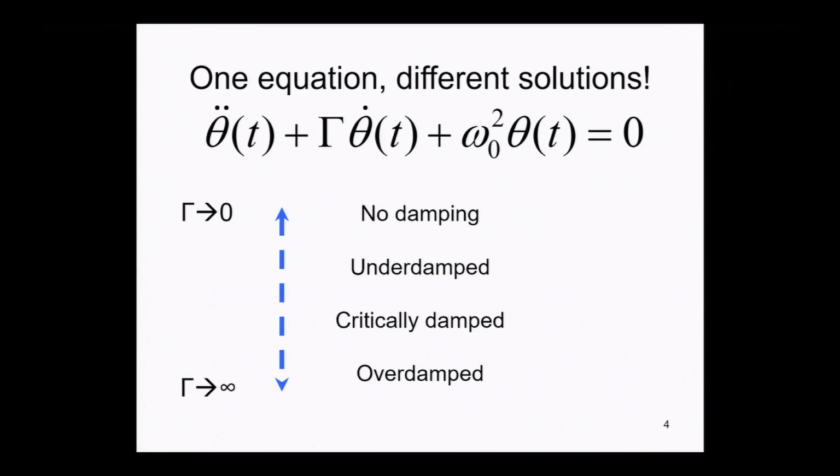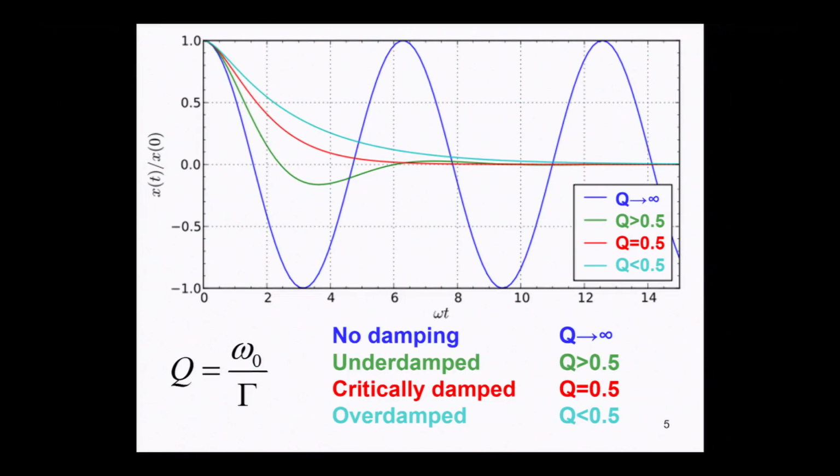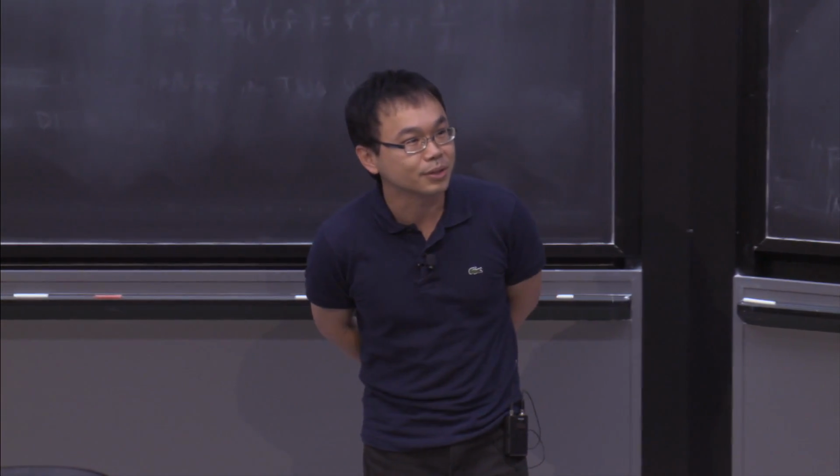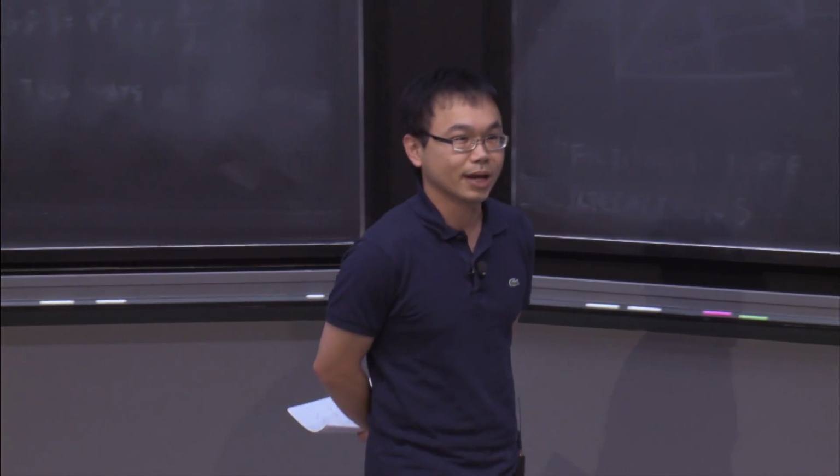Basically, gamma controls the size of the drag force. If gamma goes to 0, we have no damping, and you have pure, simple harmonic motion. As we increase gamma, you can see that the behavior changes. We can use a quantity called Q, defined as the ratio of omega 0, the natural angular frequency of the system, and gamma, a measure of how big the drag force is.